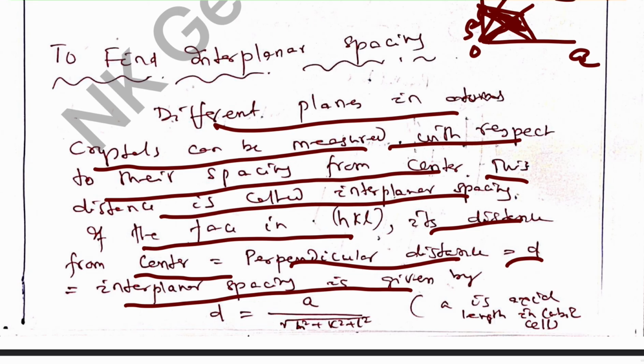And this is the formula for a cubic shell where A is equal to B is equal to C. This is the formula to find out the interplanar spacing in case of cubic shell.